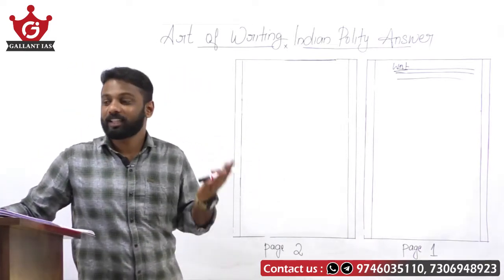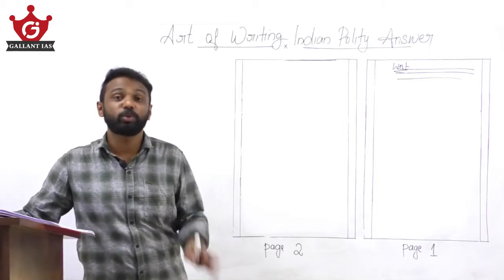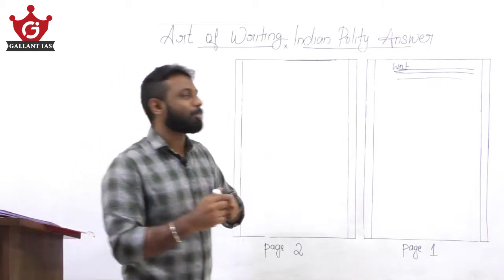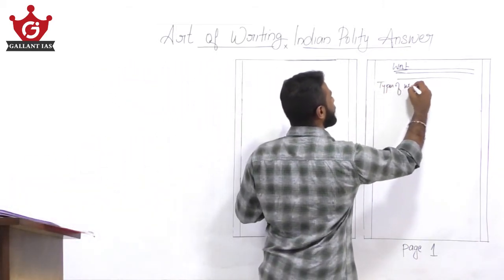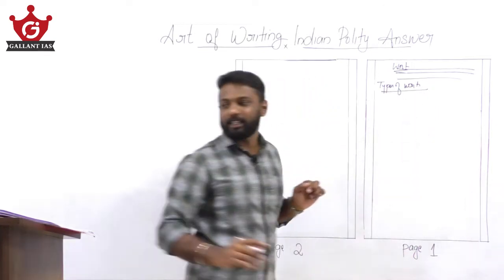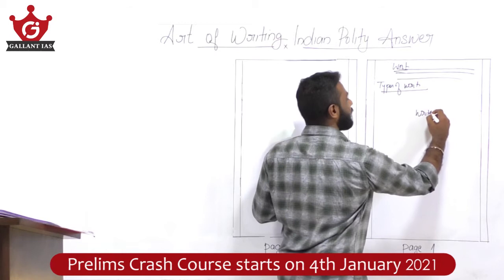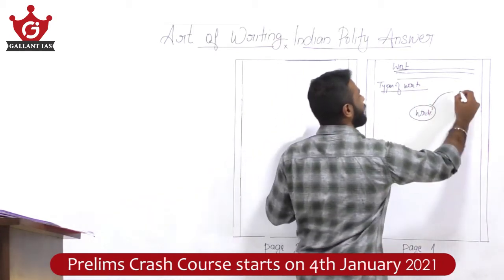And the question is: is the High Court's power to issue writs wider than that of the Supreme Court of India? So you must know what all the different types of writs are. So make a separate subheading, types of writs. And then you write here writs. Make a diagrammatic representation.